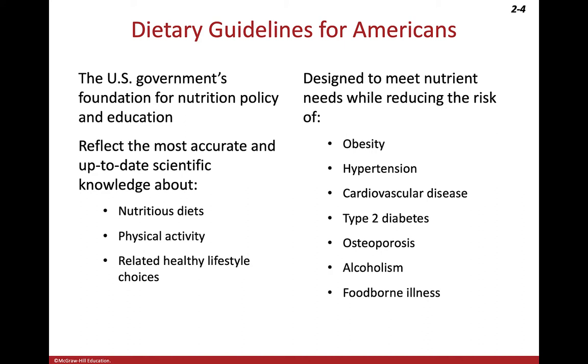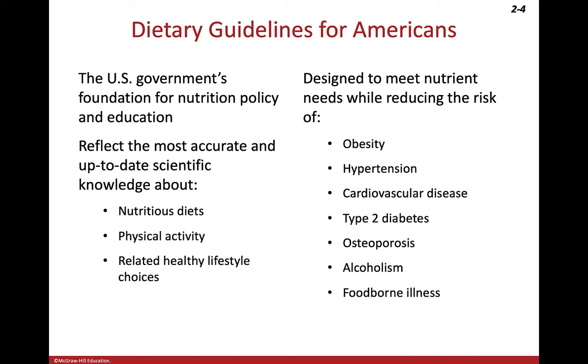I've talked about healthy lifestyle choices before, because a lot of the behaviors that we choose have pretty significant consequences on risk for disease. This is a really good example, because we want to make sure that our food is meeting nutrient needs, but at the same time, we want to reduce the risk of many of these disorders.